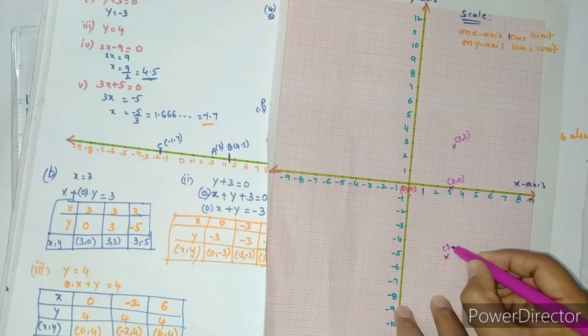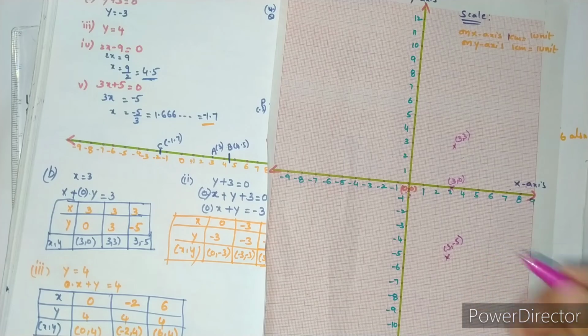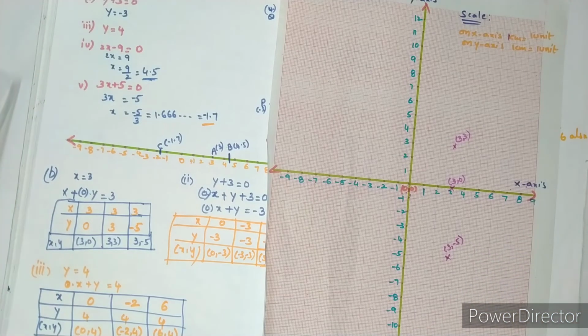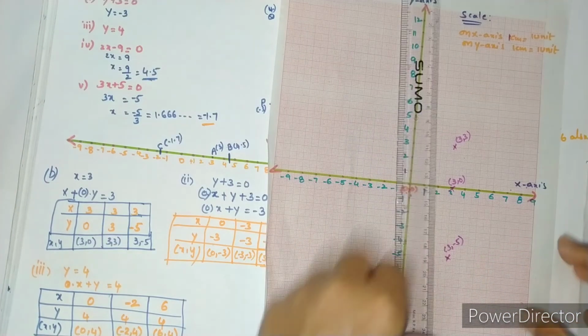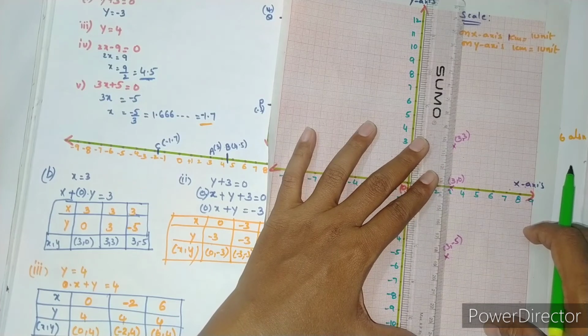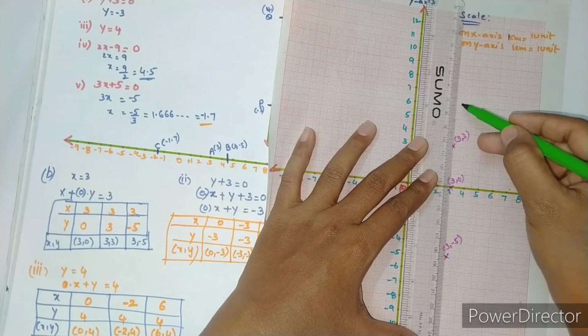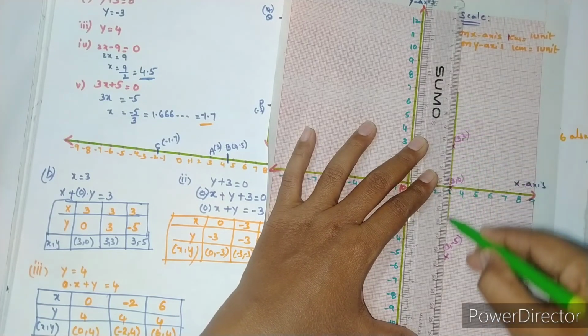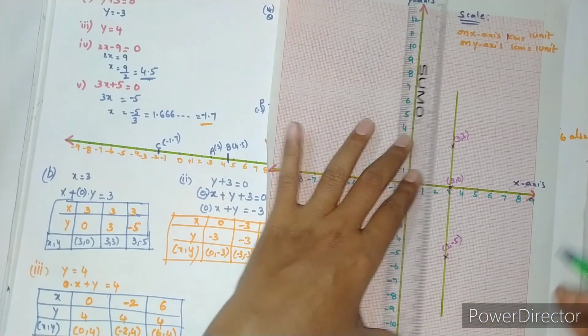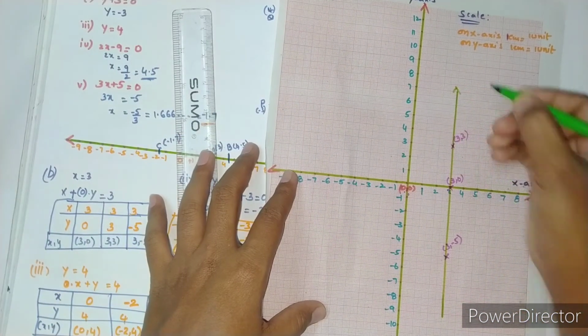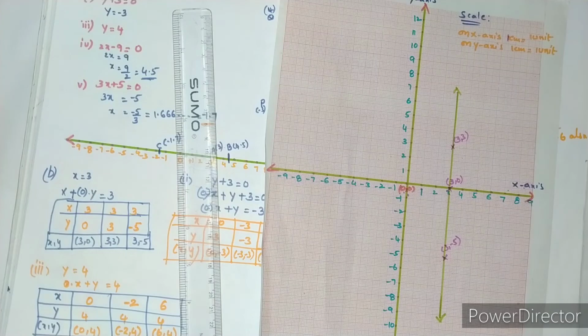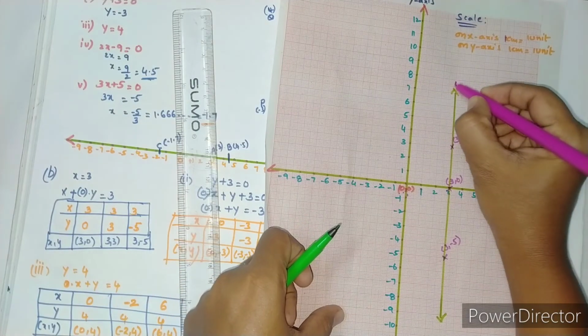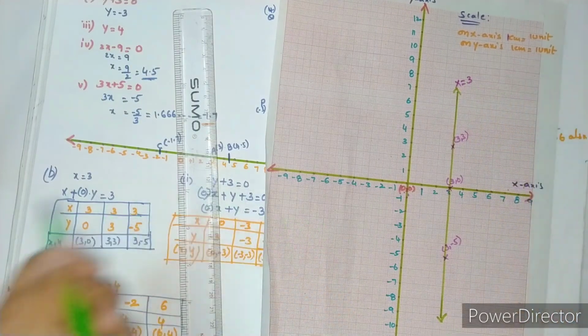So it is 3 comma minus 5. Now draw the line. So this is the graph of x is equal to 3.